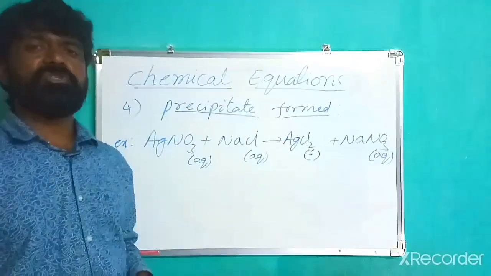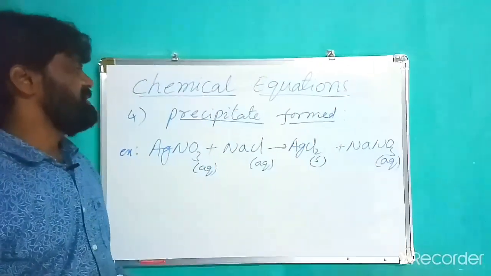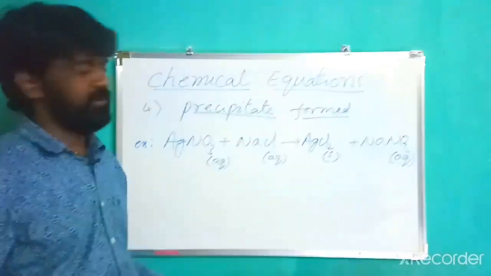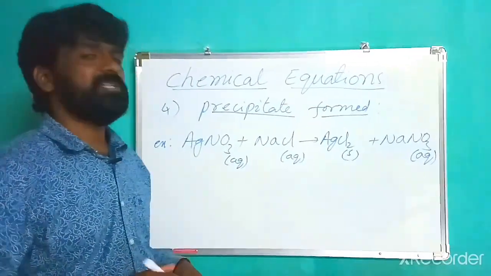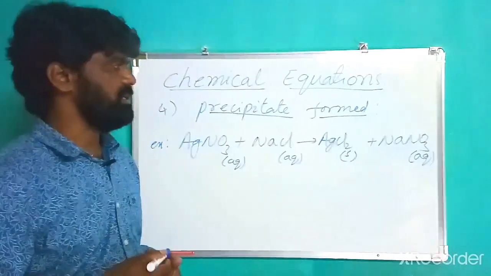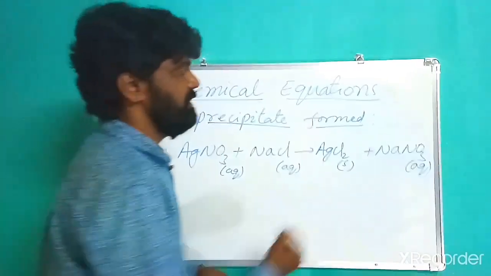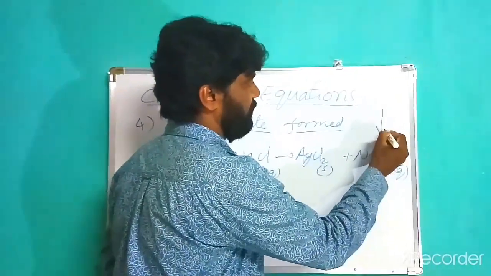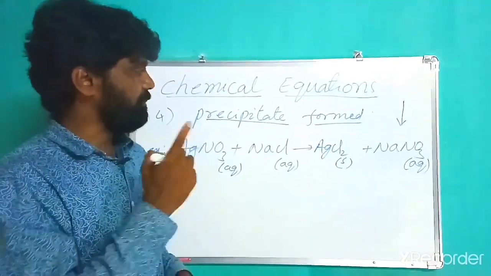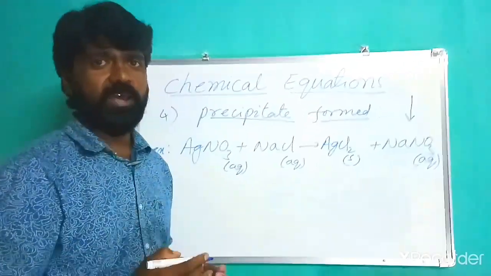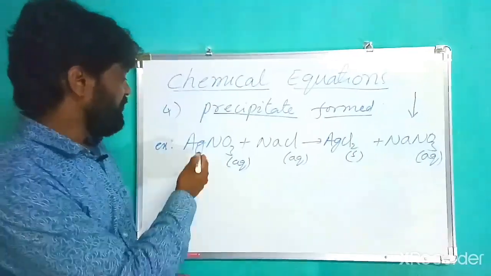Okay, the last one is expressing precipitate formed. If in a balanced equation a precipitate is formed, how to express it? We express it with a downward arrow. For gases, upward arrow, and for precipitate, downward arrow. Let us see the example.